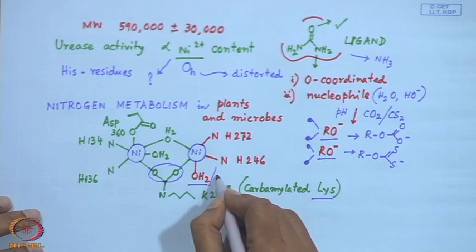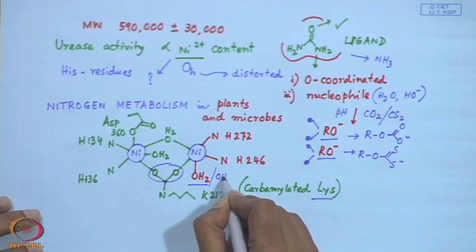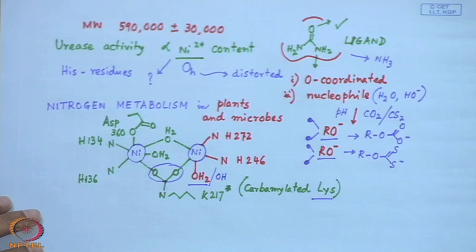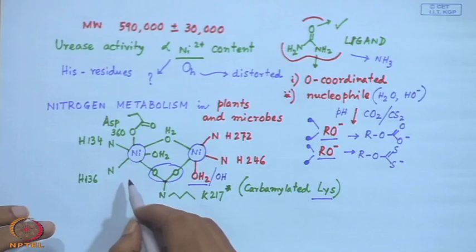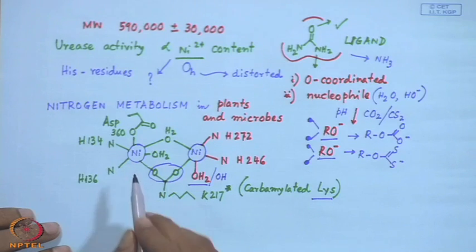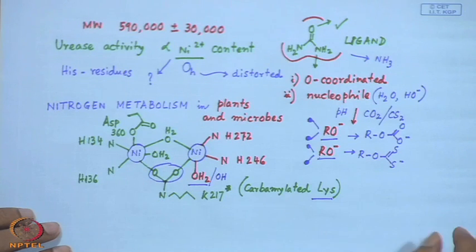So, it can go for immediate deprotonation to give you the hydroxide-bound nickel, and it can attack the urea molecule bound to this center.